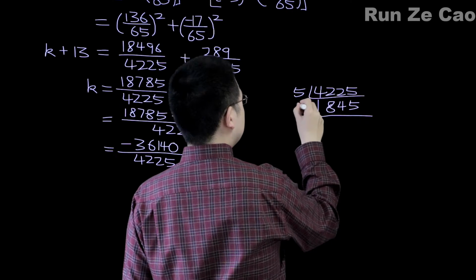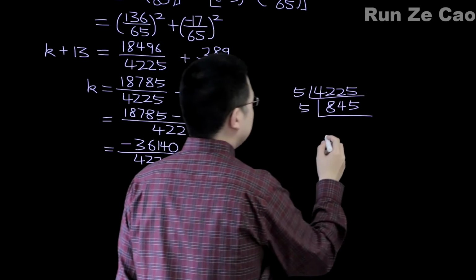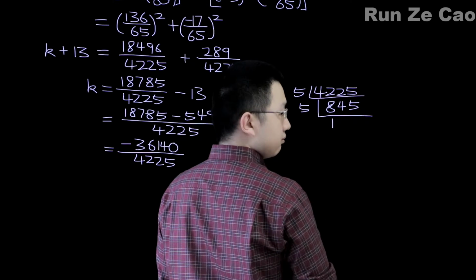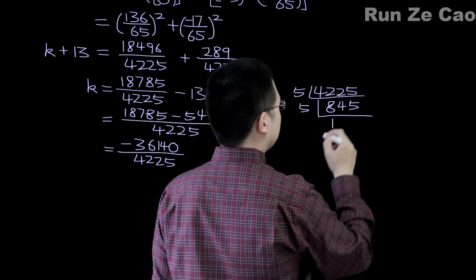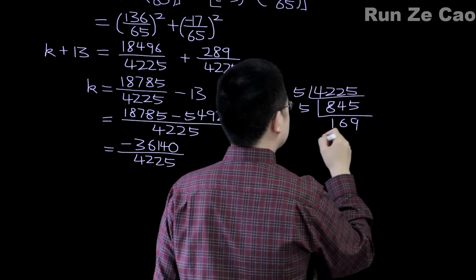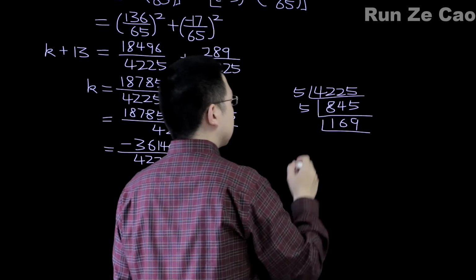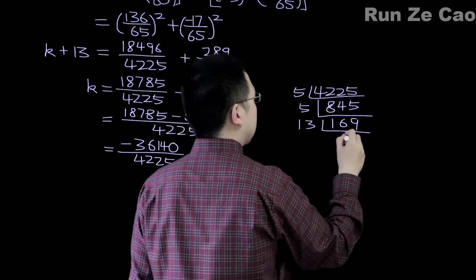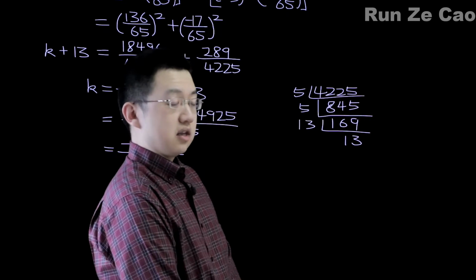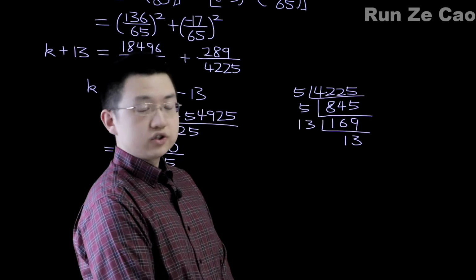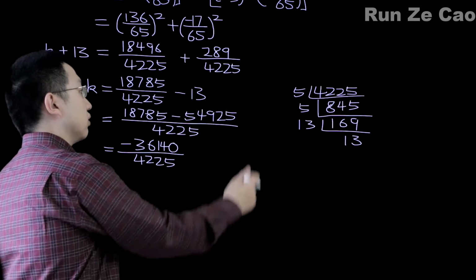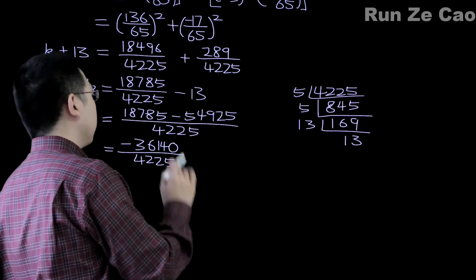So, 5, and we end up with 845, then 169. 169 is 13 by 13. If this actually surprised anybody, given the fact that this thing is 65 squared, well, it shouldn't. Honestly, we didn't really need to do this because it was 65 squared, but we did it anyway.